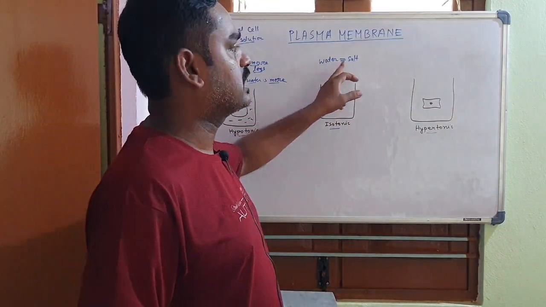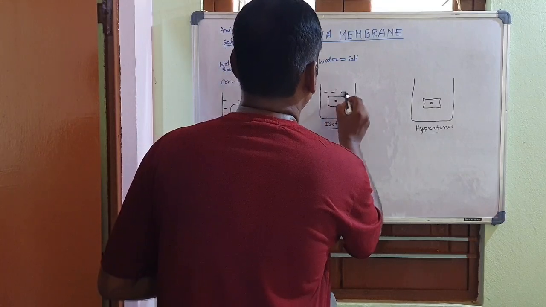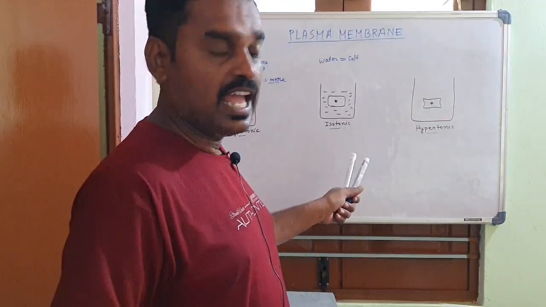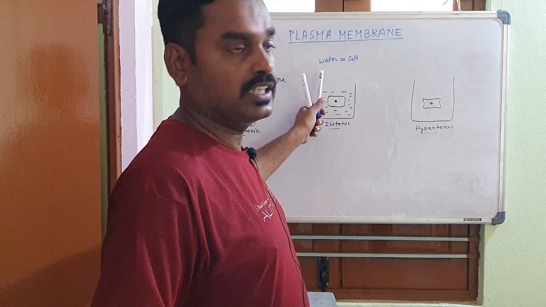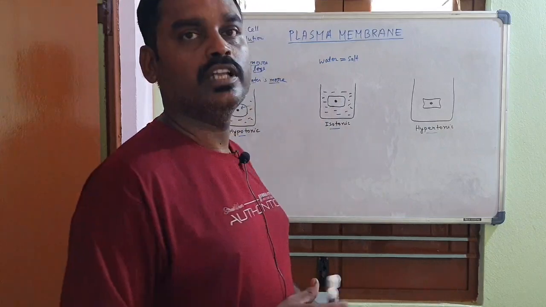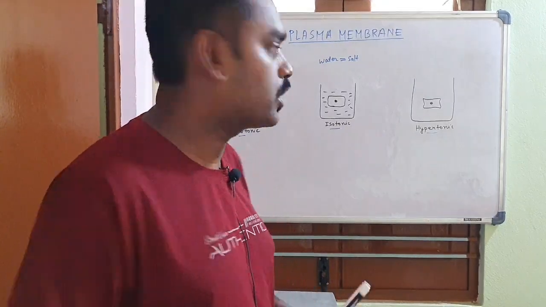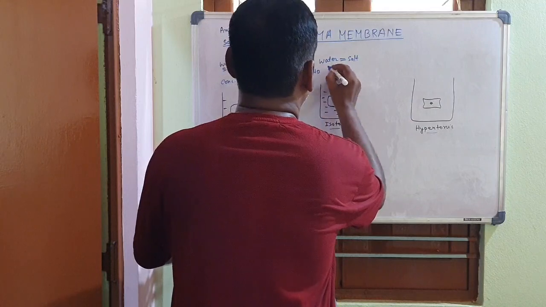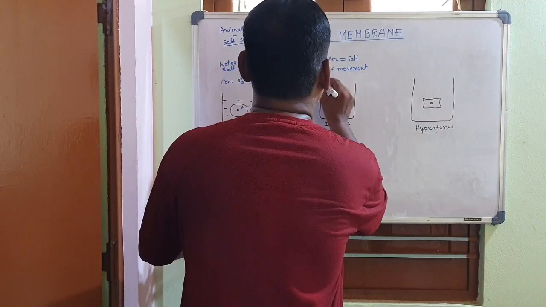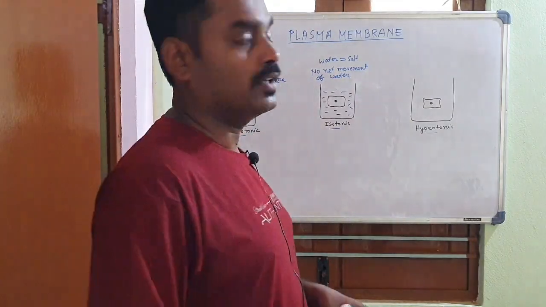The concentration of water and the concentration of salt are more or less equal, and for the cell placed in this isotonic solution, the concentration of water inside the cell and outside the cell, in the surrounding medium, is the same. If inside and outside have the same concentration, then no net movement of water is possible in an isotonic solution.